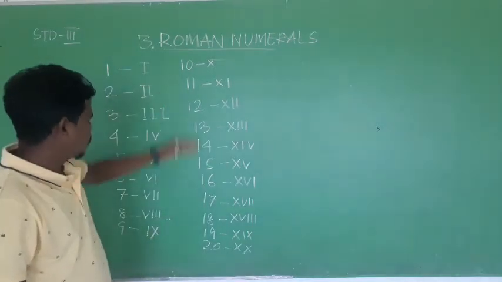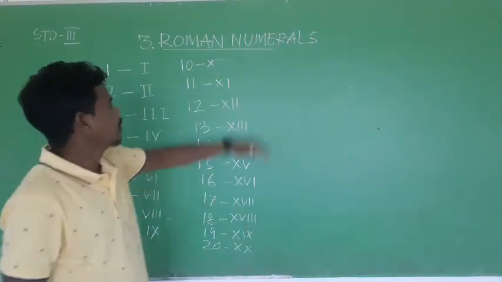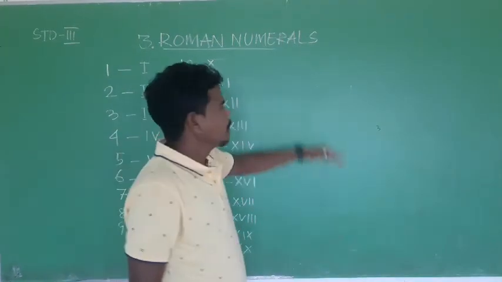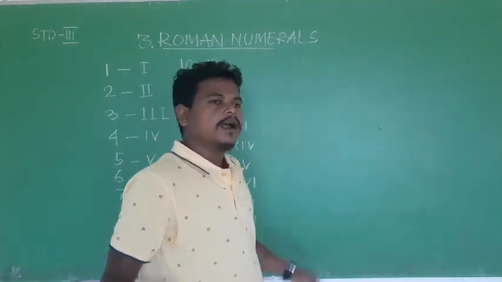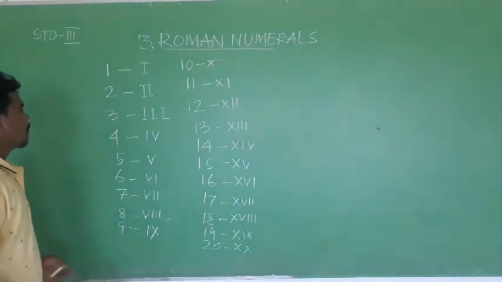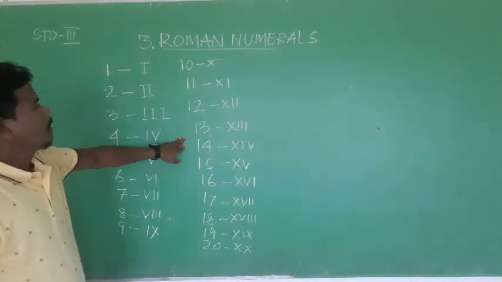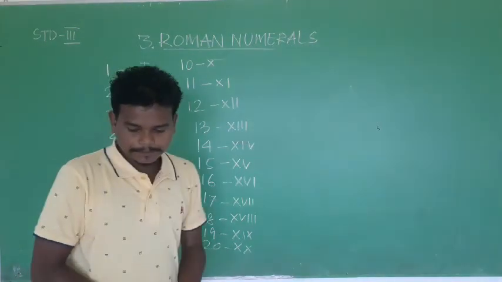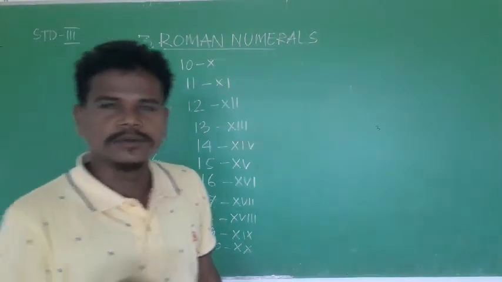Similarly, we can continue 21 to 30, 30 to 40, 40 to 50, and so on, up to whatever number. But here, what are the rules?